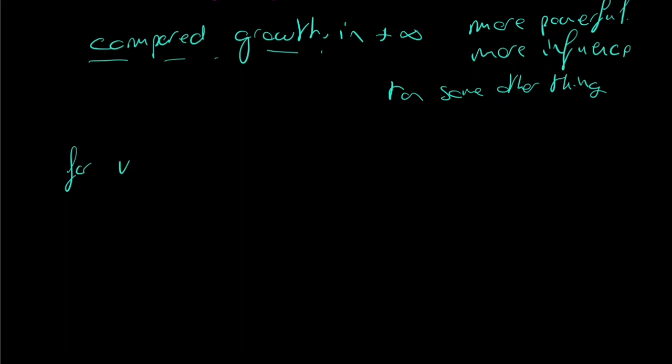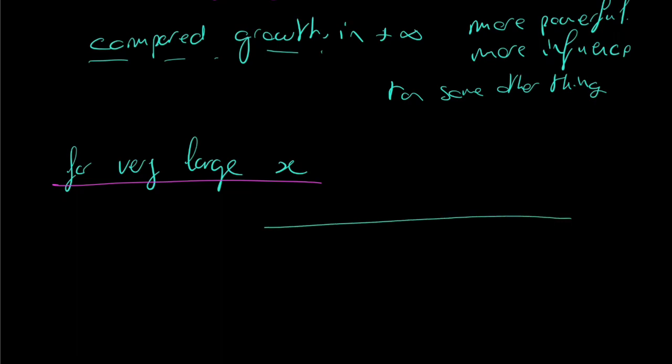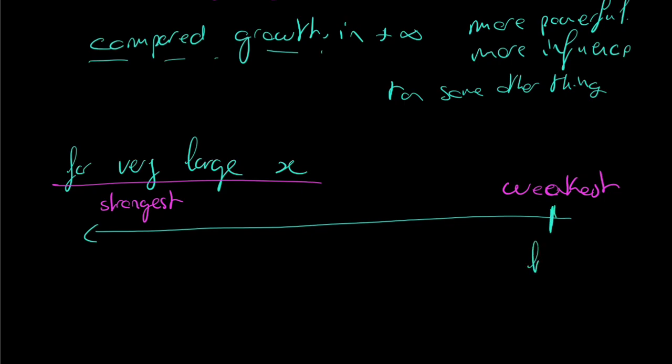let's say for very large x, when x tends to plus infinity, when x is very big, the weakest will be here, and here the strongest. Perfect. The weakest function will be the logarithm function, ln of x, and any log of x.